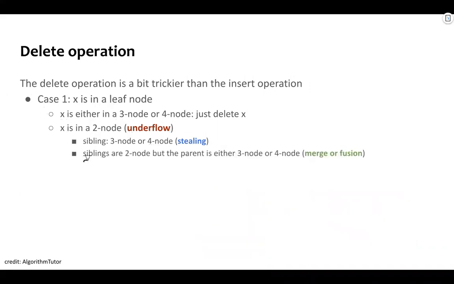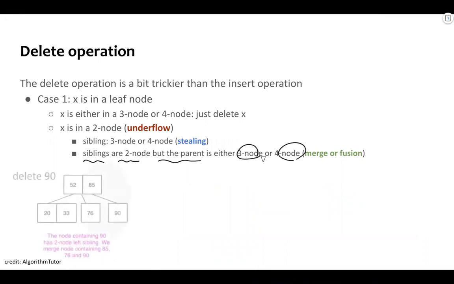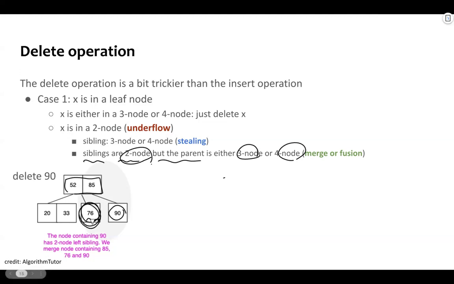And let's say if siblings are 2 node, but the parent is either 3 or 4 node. In this case, let's say we want to delete 90. However, its sibling, which is 76, is just 2 node. However, the parent has 2 items. So we cannot steal from our sibling because it is 2 node.